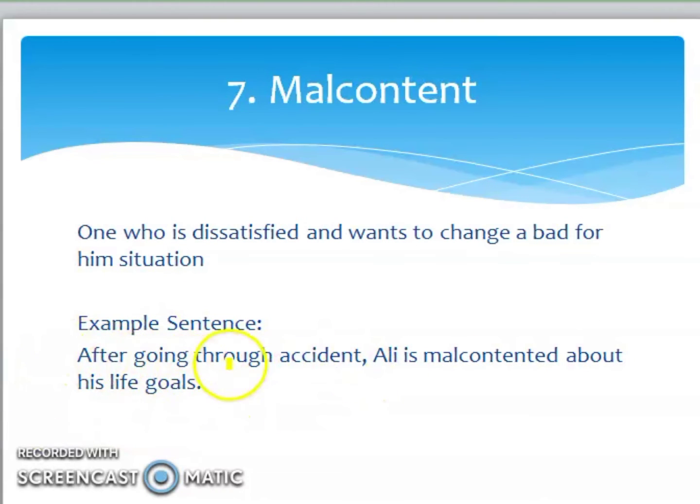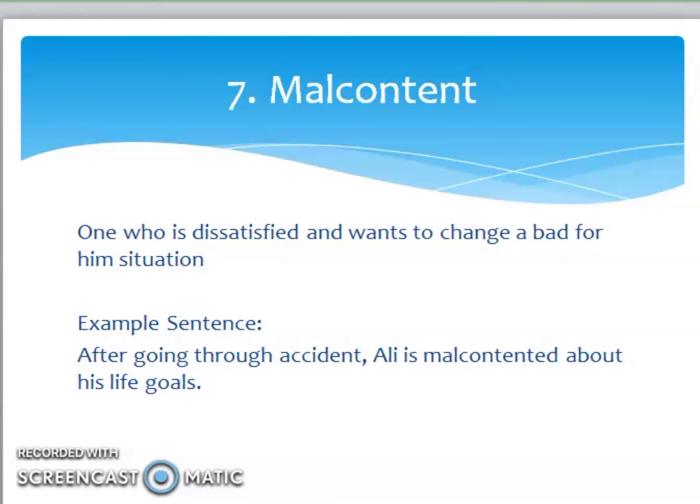So we could see that a person met an accident, so he's malcontented, might be because of the accident. He's malcontented about his life and his life goals, might be due to the suffering or any imperfection as a result of the accident.